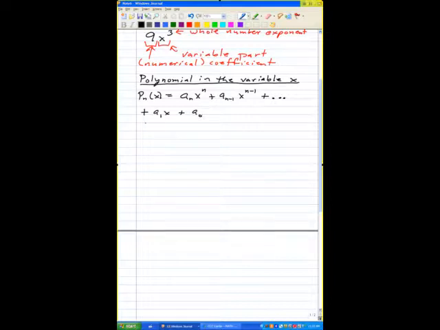Here a0, a1, up to an are real numbers, and n is a whole number.